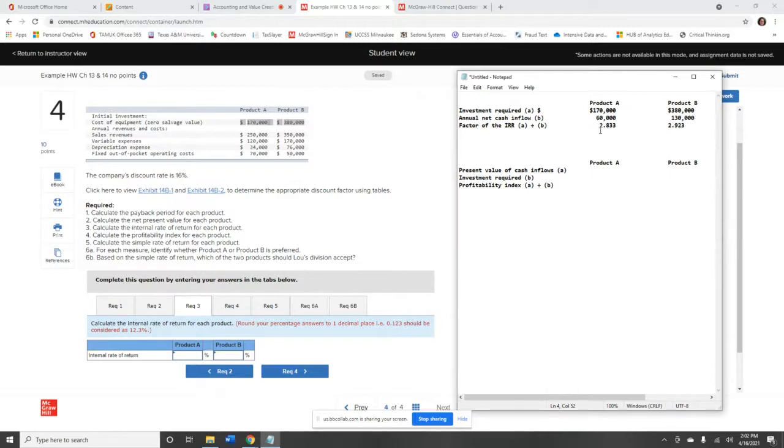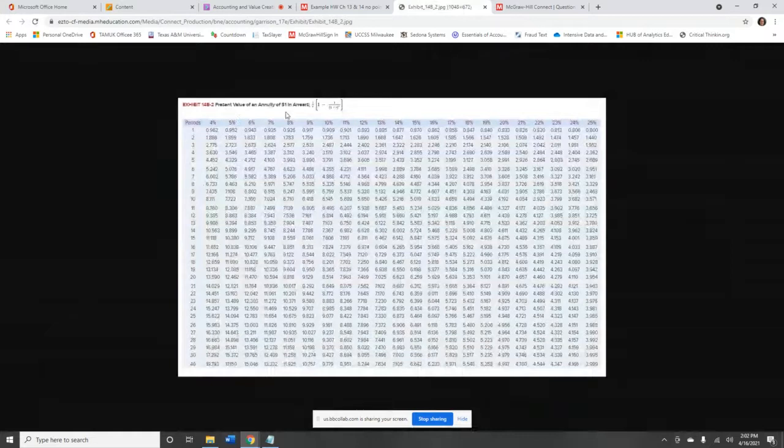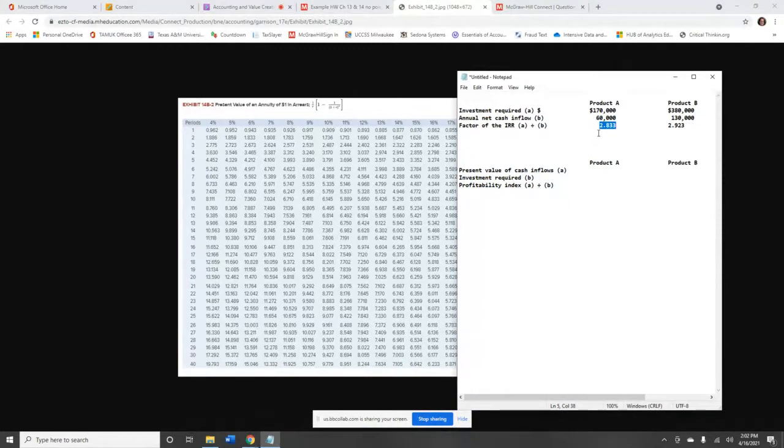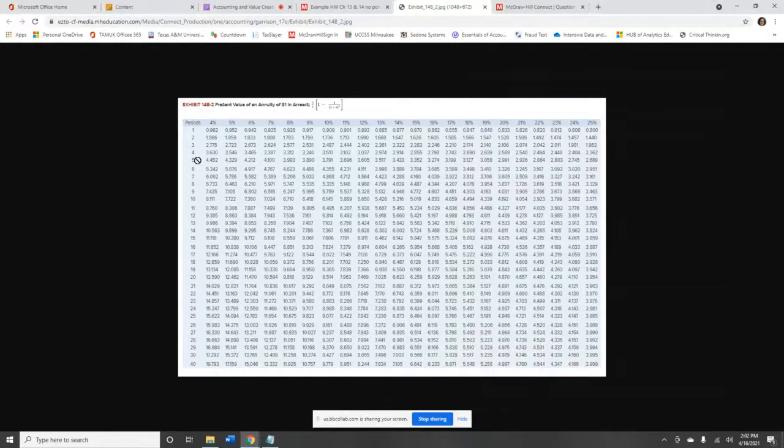So if this is our internal rate of return, what does that translate into in terms of percentages? We go to our present value of an annuity table, and we go on the 5-year line until we find the number or something close to it. So we're first looking for 2.833. Let's go along the 5-year line.